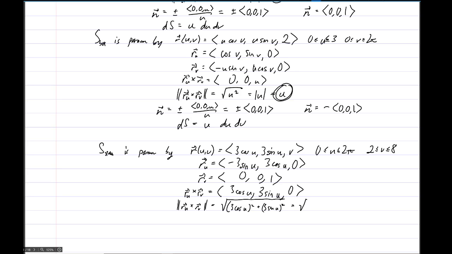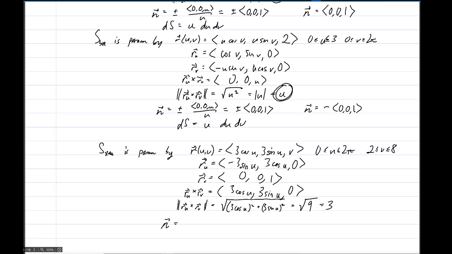So once you rewrite the squares, 9 times cosine squared u plus 9 times sine squared u. You factor out a 9 and you have cosine squared u plus sine squared u inside parentheses, which simplifies to a 1. And so this will end up being 3.